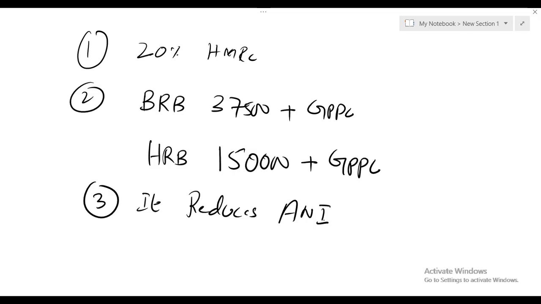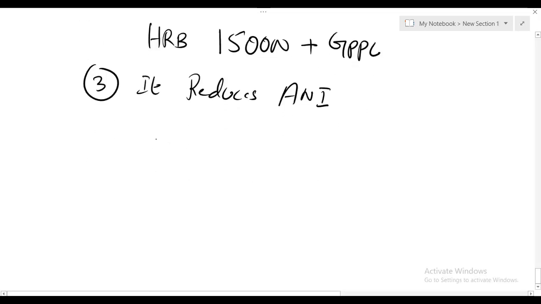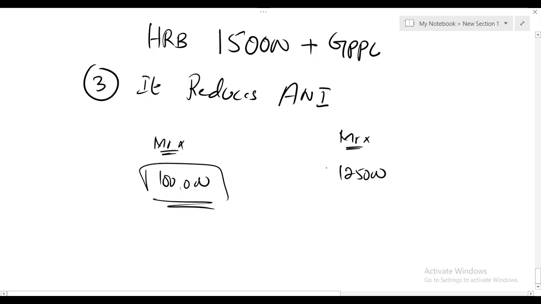And let me tell you a very interesting point. For example, Mr. X is having income of 1 lakh, and assuming the same person is having income of 1,25,000. If Mr. X is having income of 1,25,000 instead of 1 lakh, then we are going to advise Mr. X that please contribute in PPC.